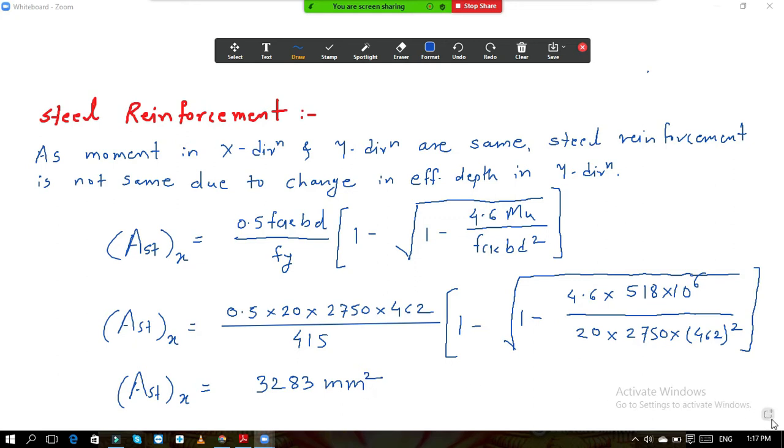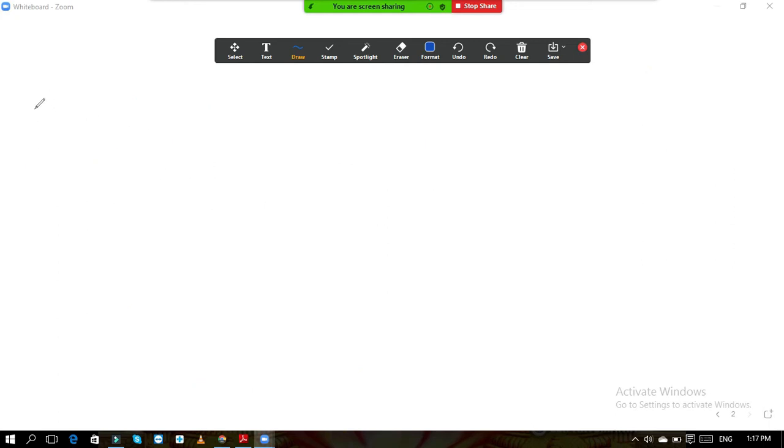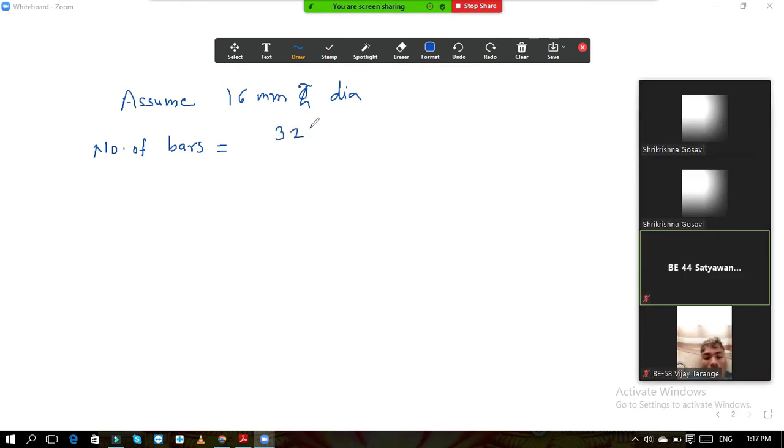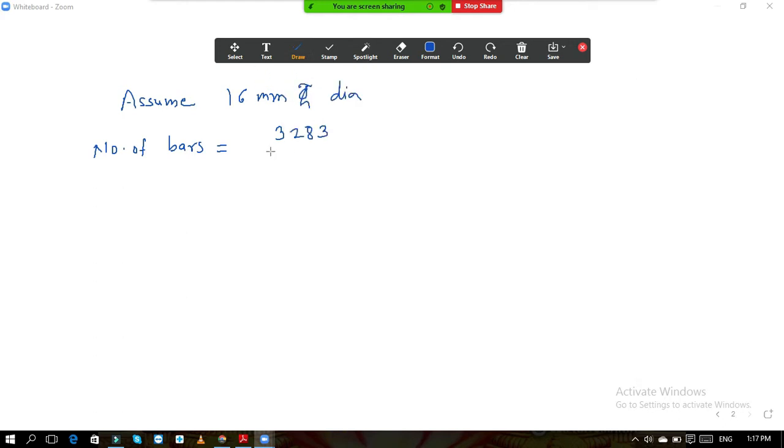So now calculate the number of bars. Here you can write: assume 16 mm bar diameter. Okay, 16 mm dia bars. What we will get: number of bars is equal to total area of steel, that is 3283, divided by area of single bar.